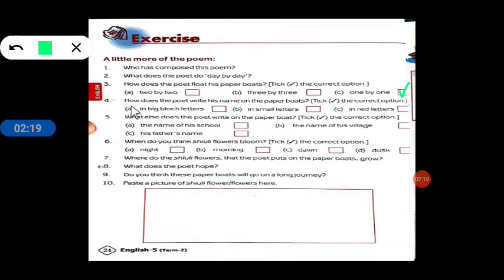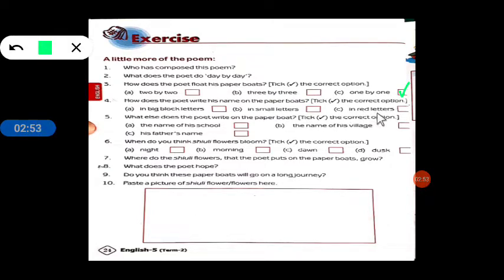Tick the right mark at C. The next one: how does the poet write his name and his village name on the paper boards? A, in big block letters, which means capital letters; B, in small letters; or C, in red letters.